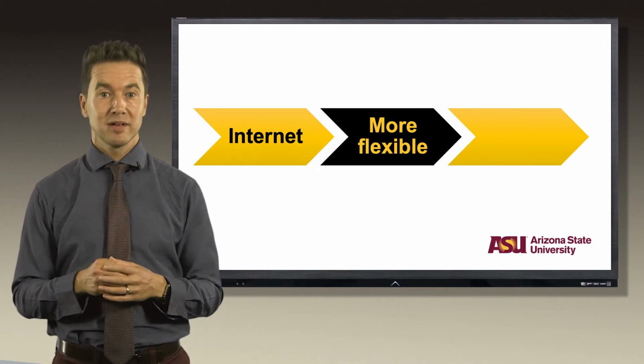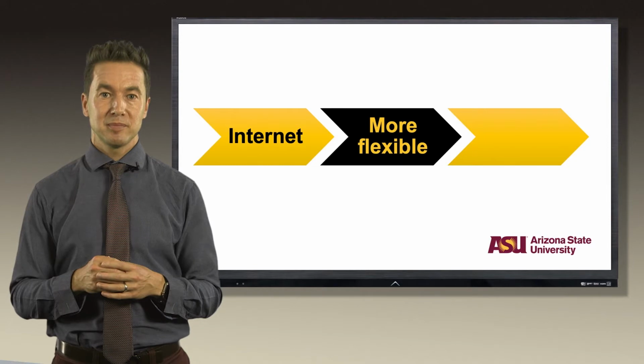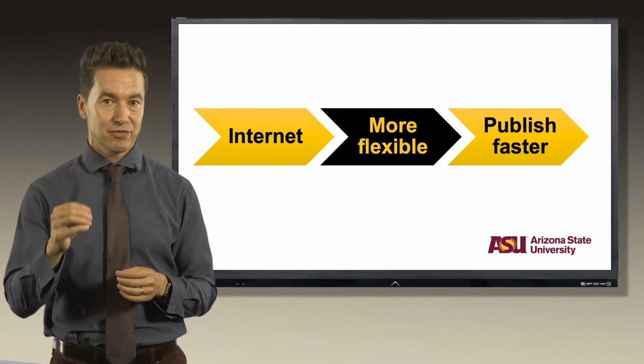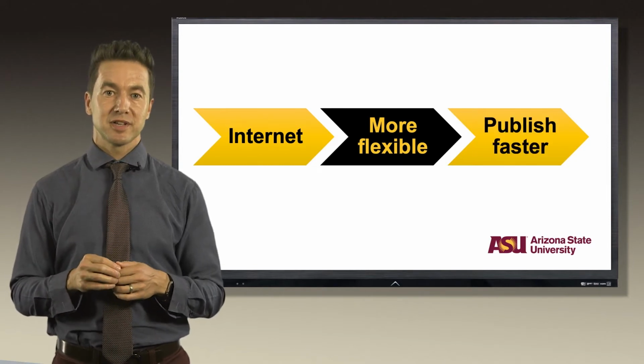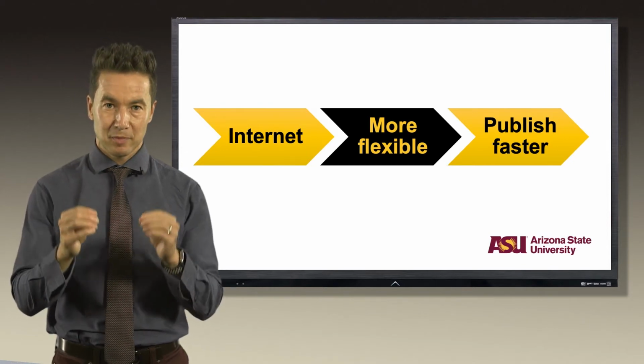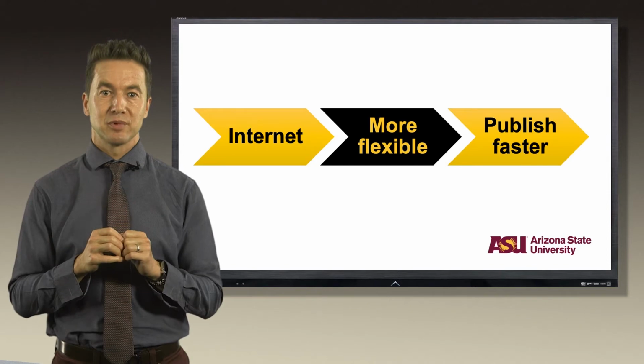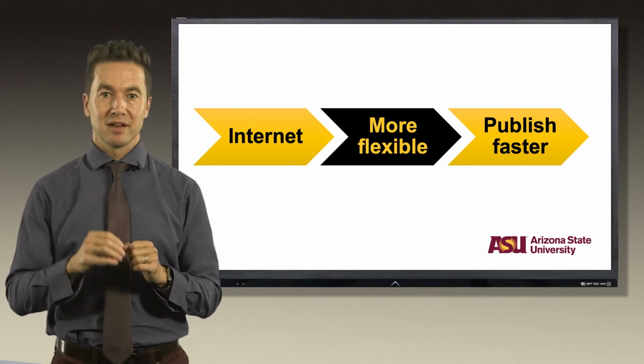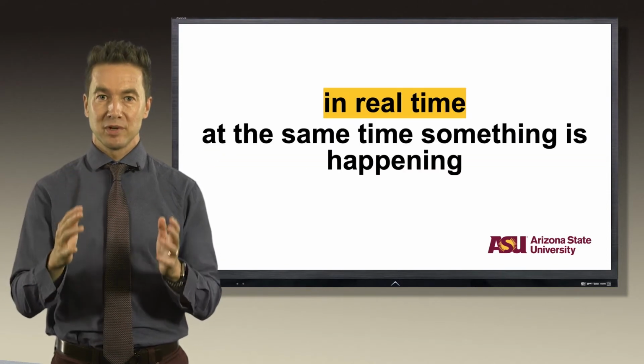The Internet makes new media more flexible than traditional print and broadcast media. For one thing, online media outlets can publish breaking news stories much faster. Online news outlets focus on posting breaking news on the Internet as quickly as possible, sometimes within minutes of the event, and update the story in real time.